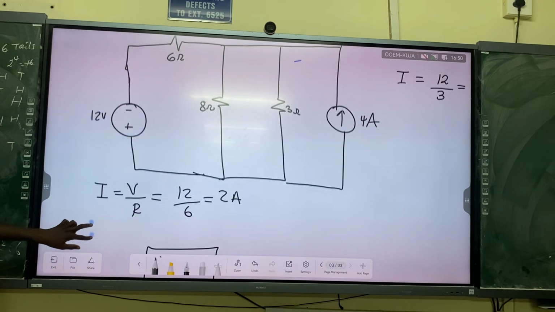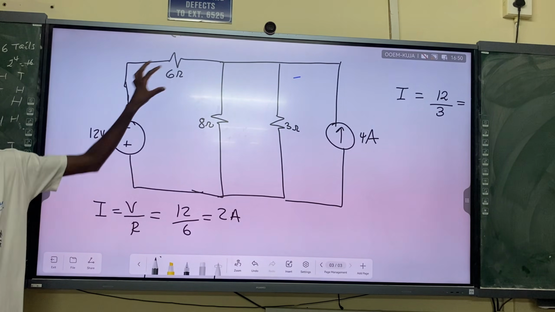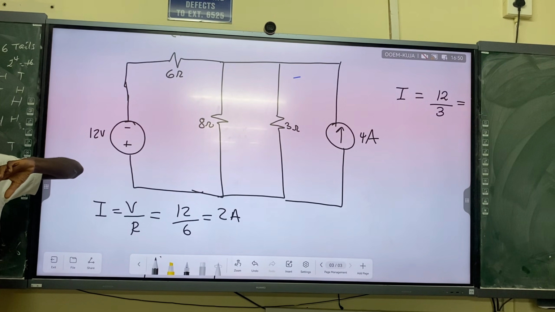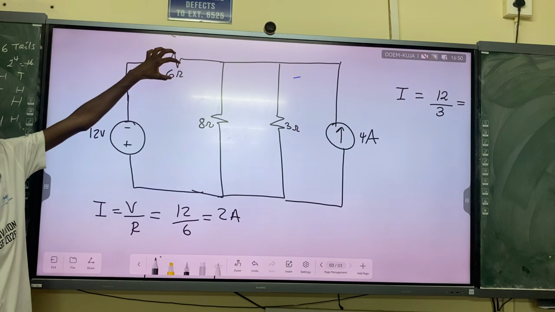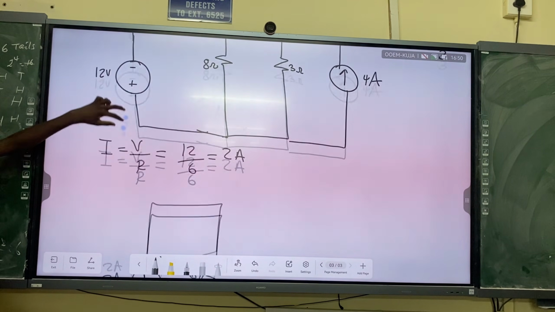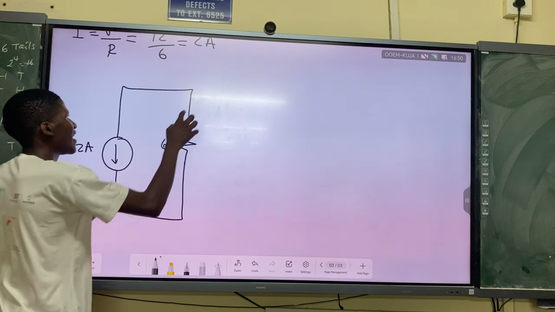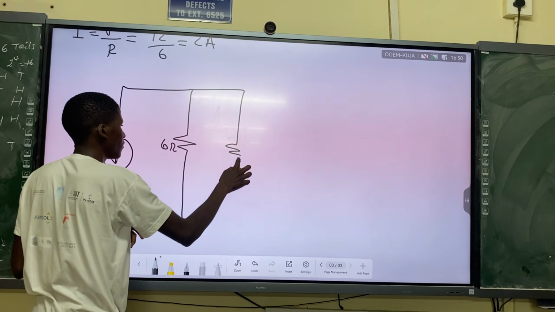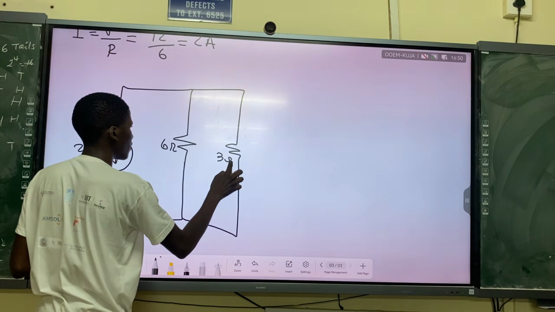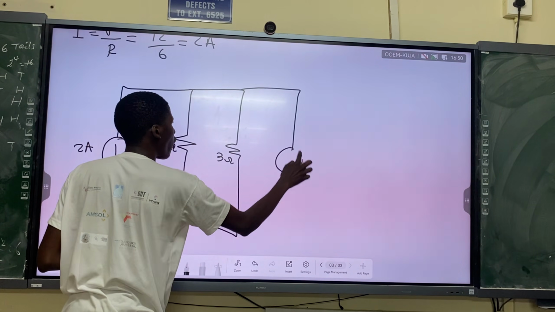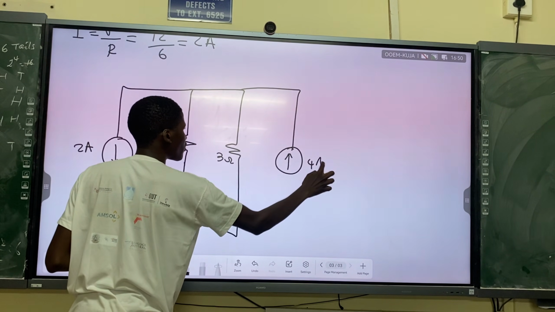Because remember, when we combined the 12 with this 6 in series, we get the parallel combination of the current in parallel with the same 6. So on this side we have 3 ohms, and here we have 4 amperes, which way does it go? It goes up.